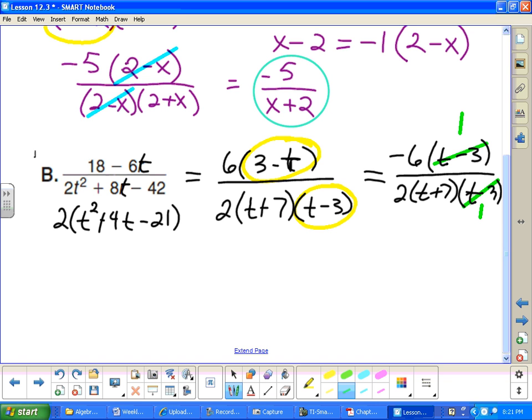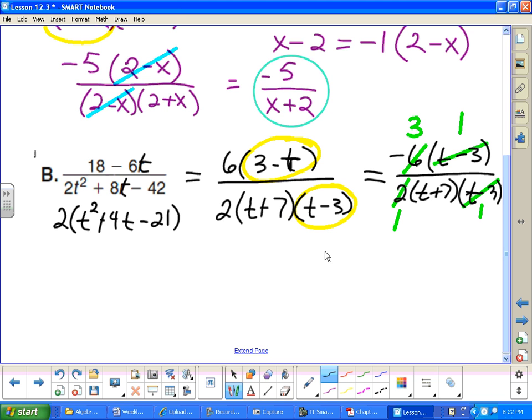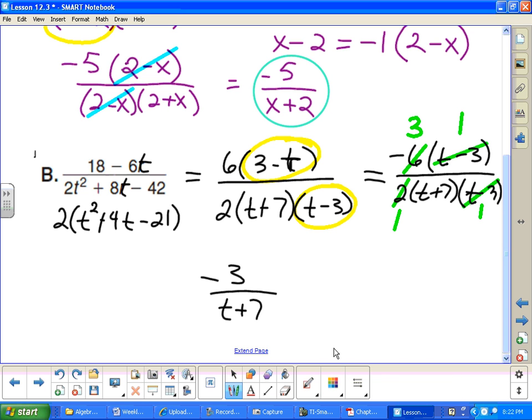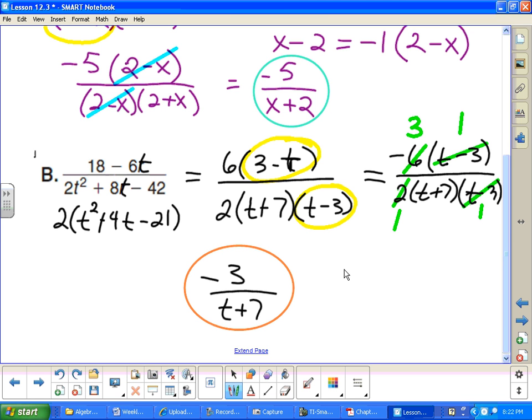And I can also divide by 2, so 2 goes into 2 once, 2 goes into 6 3 times. So in the numerator then, we have negative 3, and in the denominator I have t plus 7. And there's my answer.